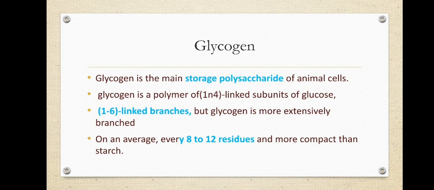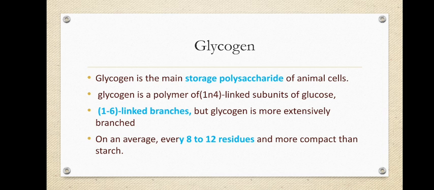Now, the linkage is again similar to amylose. Here also alpha 1,4 linkages are present between glucose units, and 1,6 linked branches are also found, but branching is more profuse than in the case of starch.